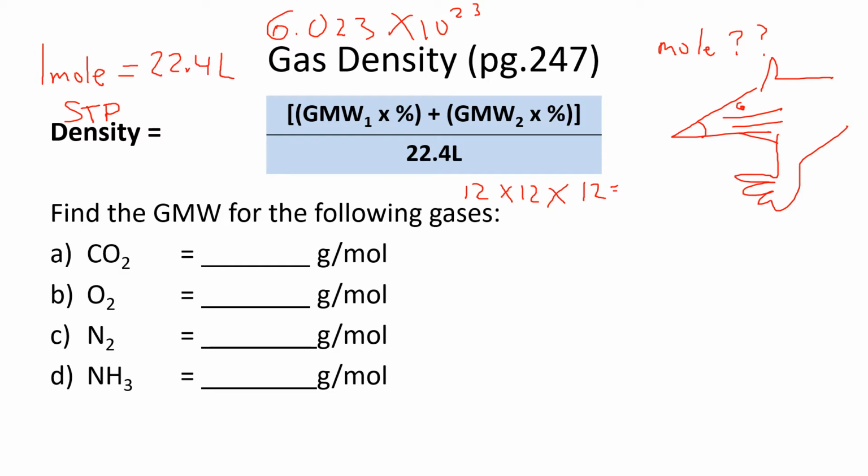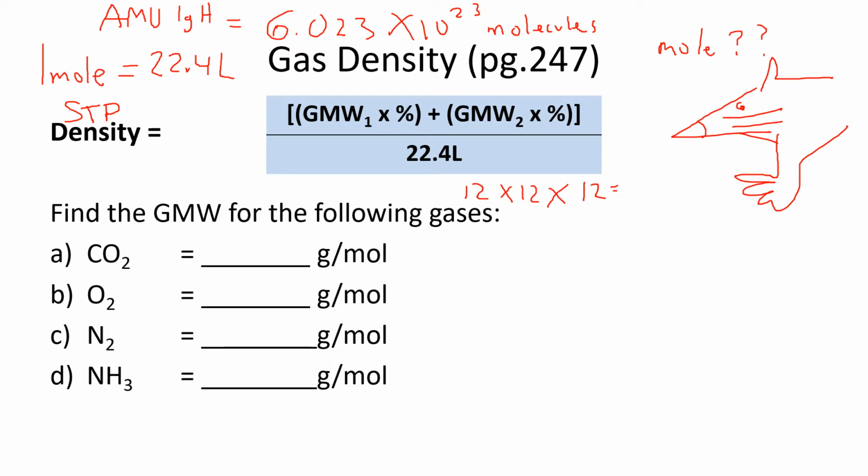So instead of writing this number with a bunch of zeros all the time, we're just going to say mole, right? And how that helps us is 1 gram, right? The atomic mass unit of hydrogen is 1. So if I measured out 1 gram of hydrogen, I know I have 6.023 times 10 to the 23rd molecules.